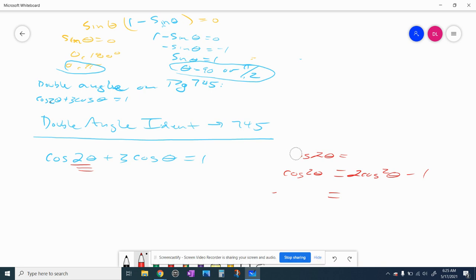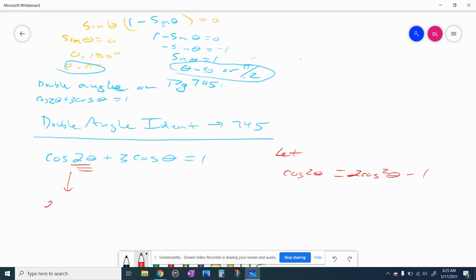So this is again from page 745. I'm going to do that crazy thing that I always do, and say let 2 cosine 2 theta equal 2 cosine squared theta minus 1. So we're going to rewrite it here: 2 cosine 2 theta, and I'm telling it to equal 2 cosine squared theta minus 1 from the identity on page 745.